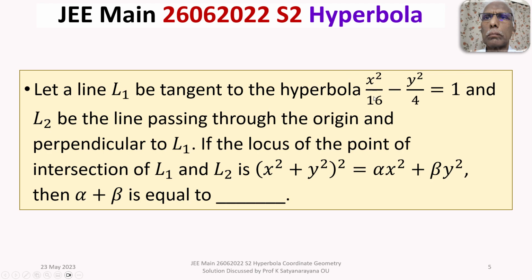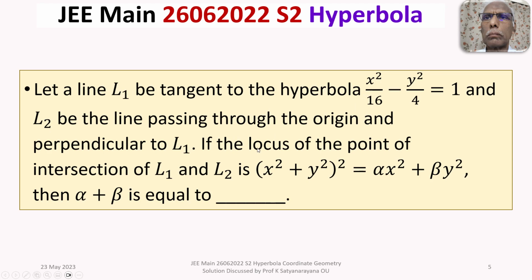we are given a hyperbola x square by 16 minus y square by 4 is equal to 1. And to this hyperbola, L1 is the tangent, and there is another line given to us, that is L2, a line passing through the origin and perpendicular to L1, which is the tangent to the hyperbola.